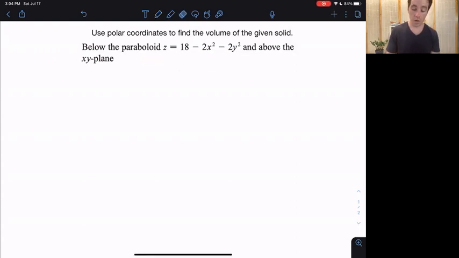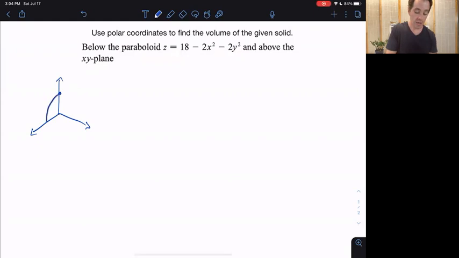So first of all, let's come up with a description of the domain of integration using polar coordinates. We'll draw things in 3 dimensions. This is going to have a z-intercept of 18, right? And think about where it intercepts, for example, the x-axis.